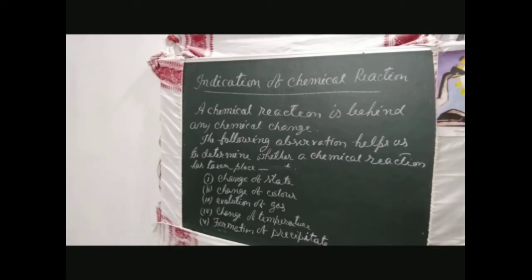We have already shown it in the experiment. As a result, a precipitate, that means an insoluble substance called silver chloride, is produced. So this type of formation of precipitate may indicate that a reaction has taken place. Thus, students, we can know whether a chemical reaction has occurred or not by these changes.